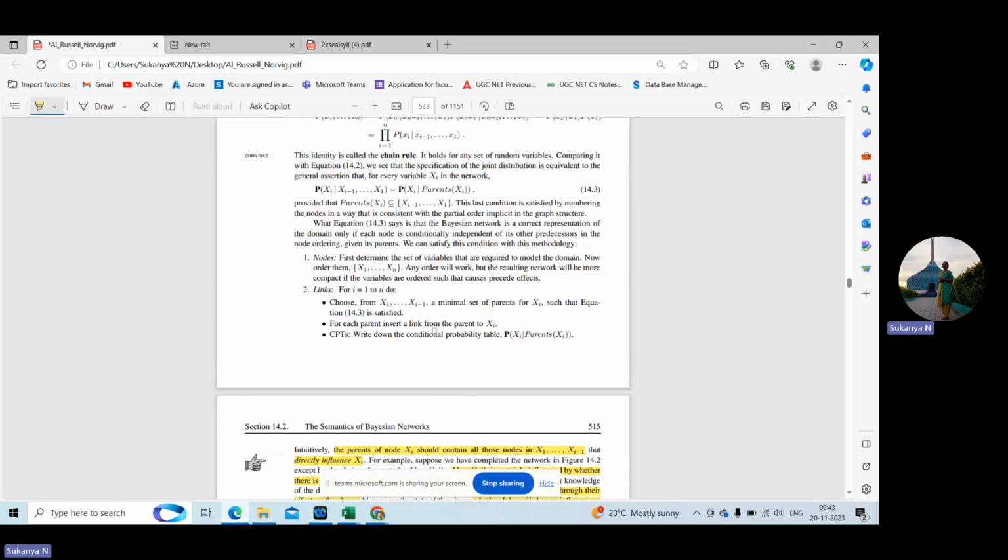So the second equation says that the Bayesian network is a correct representation of this domain, right? We can do this only if the nodes are independent of their previous nodes, or predecessors.